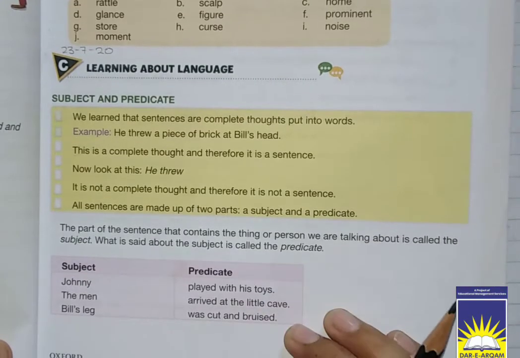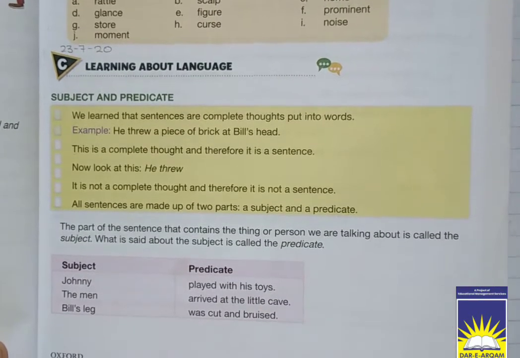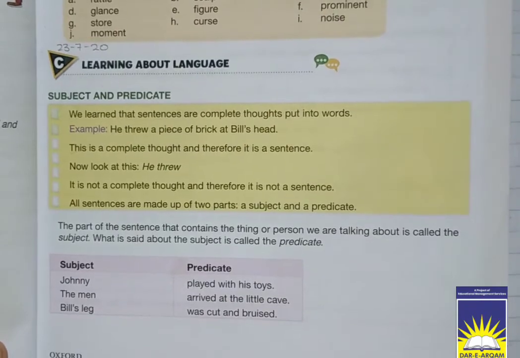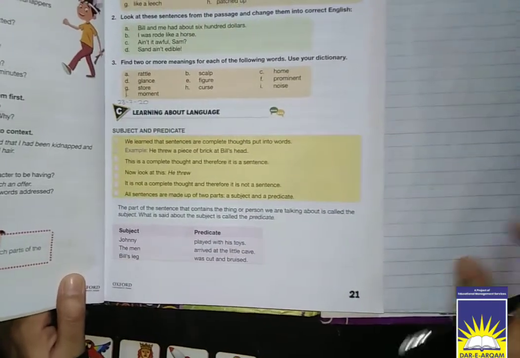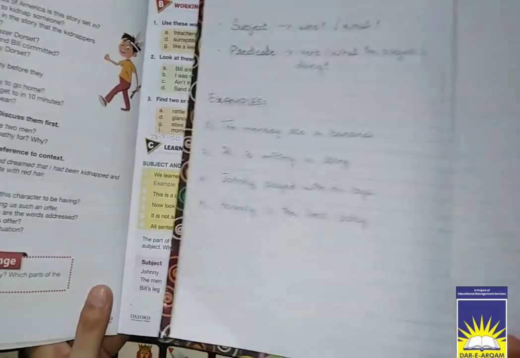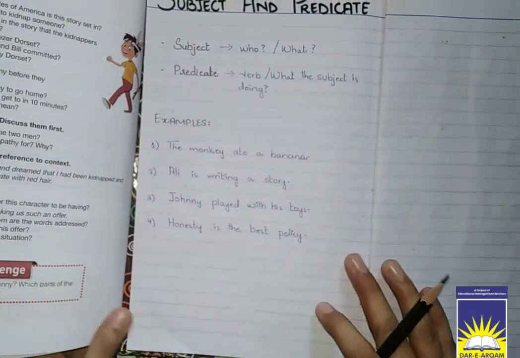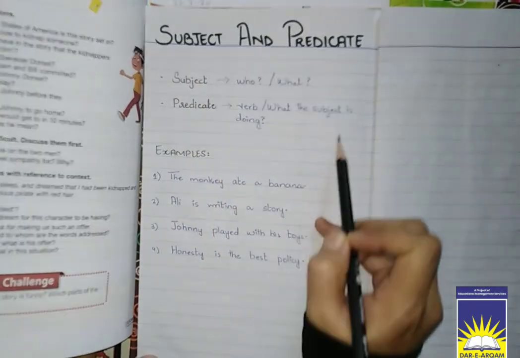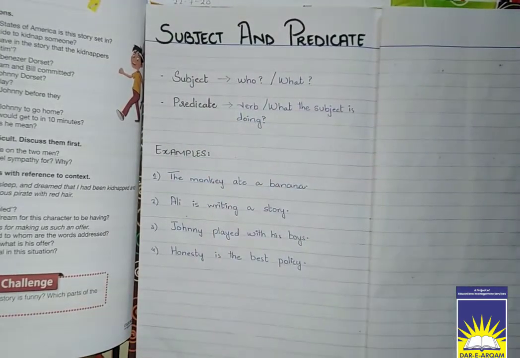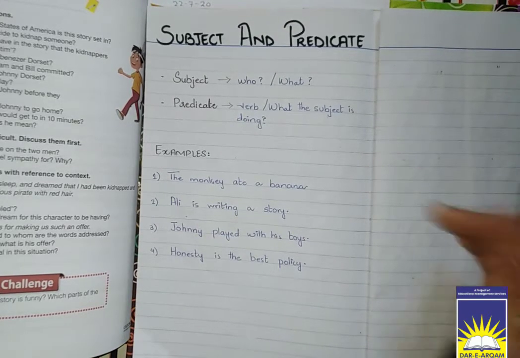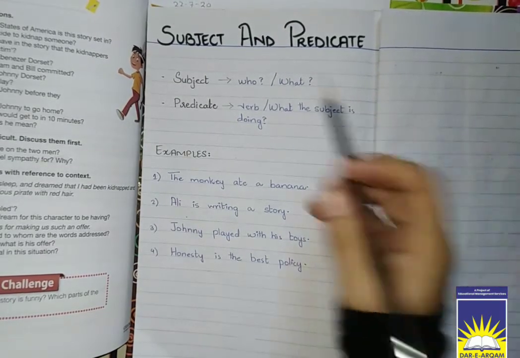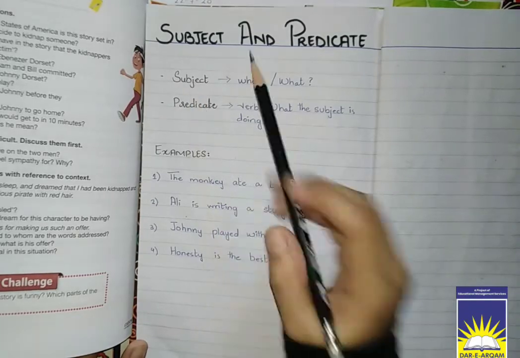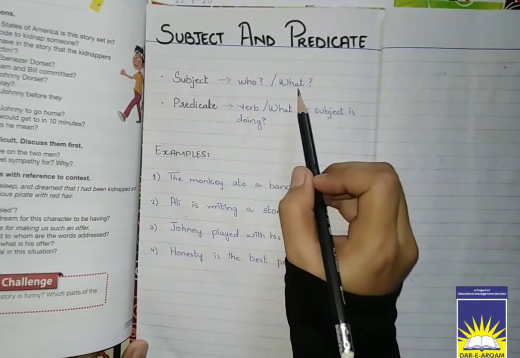Here are some examples as well. But before moving to that, I would like to share one thing for your convenience. Here is a subject and here is a predicate. There are some hints by which you can easily recognize the subject and predicate. Subject contains who or what.